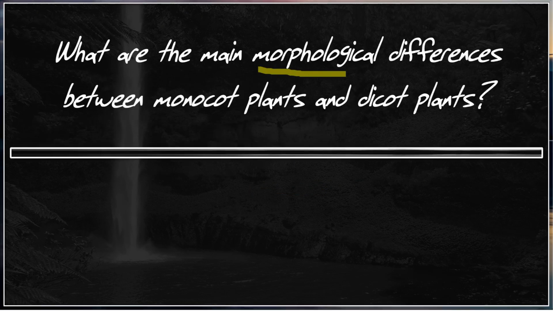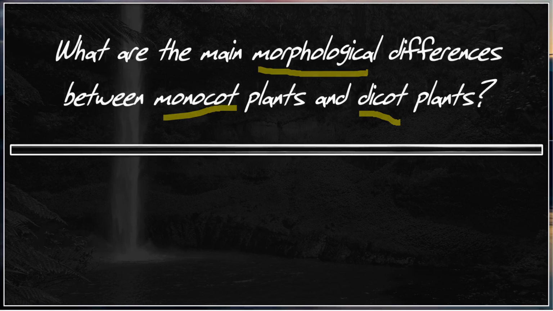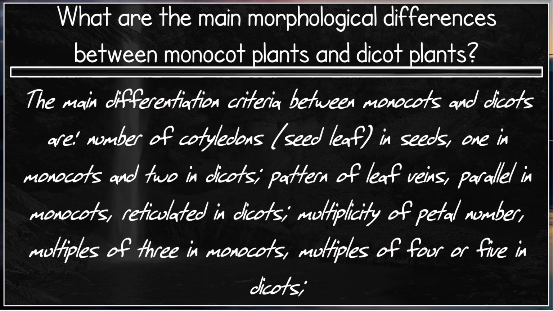What are the main morphological differences between the monocot plants and dicot plants? The main differential criteria between monocots and dicots are number of cotyledons, that is the seed leaf, in seeds, 1 in monocot and 2 in dicot.